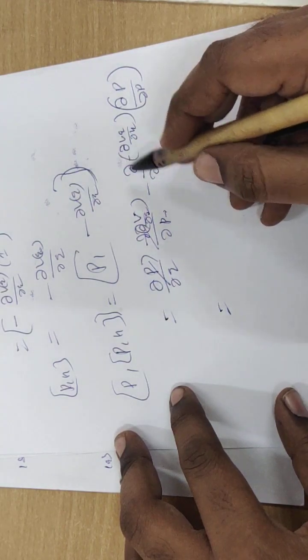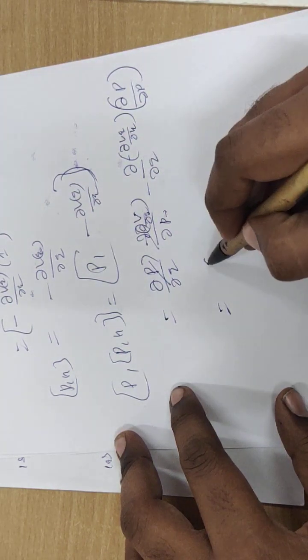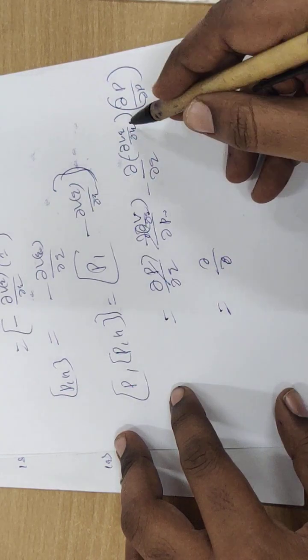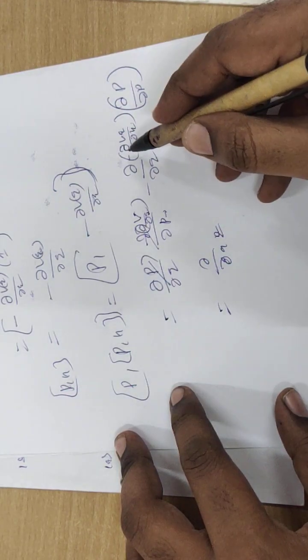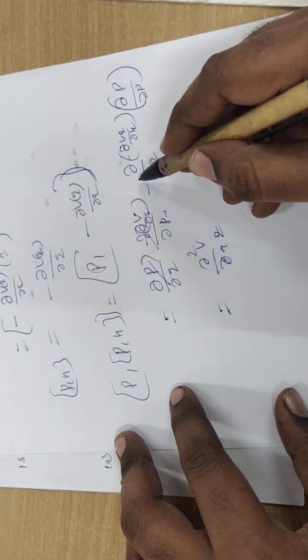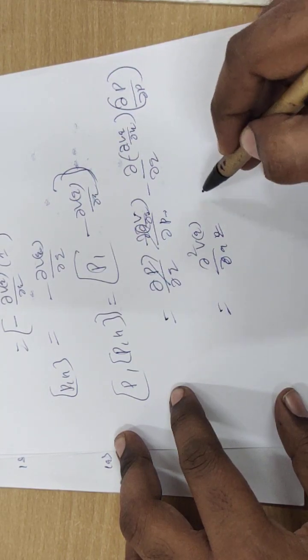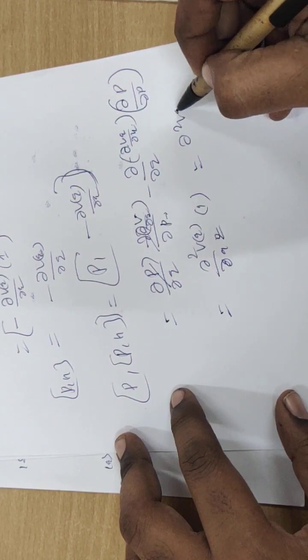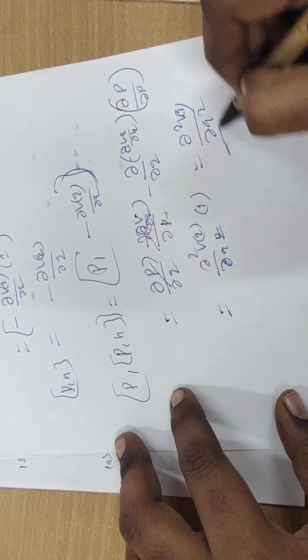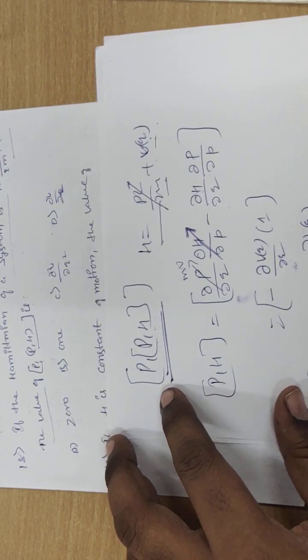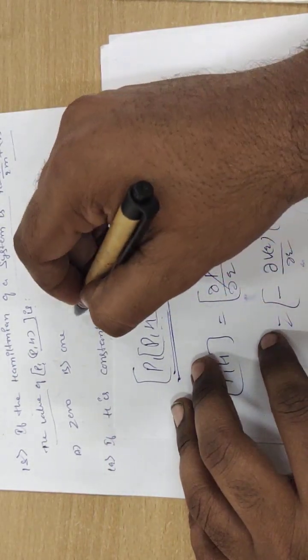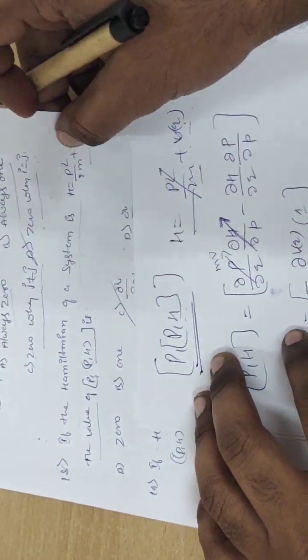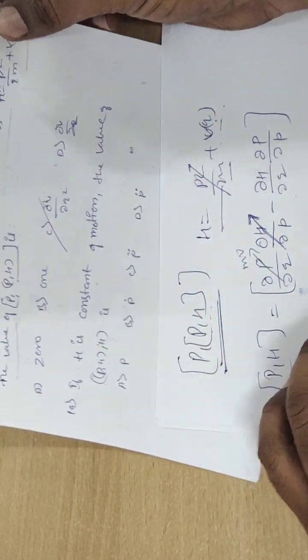And minus into minus, plus dou square V(q) by dou q square into dou p by dou p, which is 1. So therefore dou square V(q) by dou q square is the answer. So option C is correct.